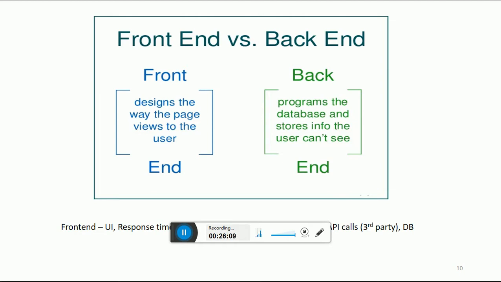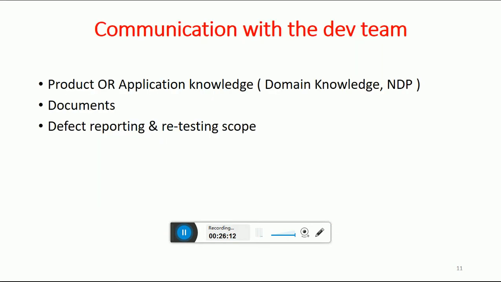Let's go to the next slide and understand what kind of communication you have to keep with the development team. In the team we have people with different designations, and they have different knowledge of the application, because no one knows everything in the system.